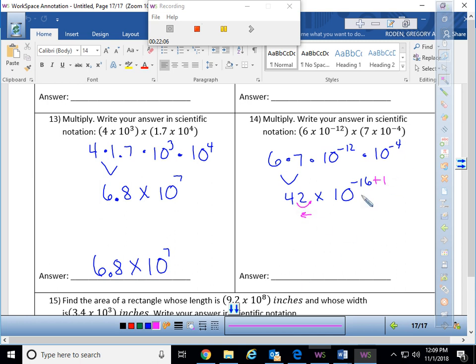So let's clean this up. Now I have 4.2, which is a number between 1 and 10, and then I have times 10. What's negative 16 plus 1? Well, yeah, you guessed it. It's negative 15. And there's my final answer.